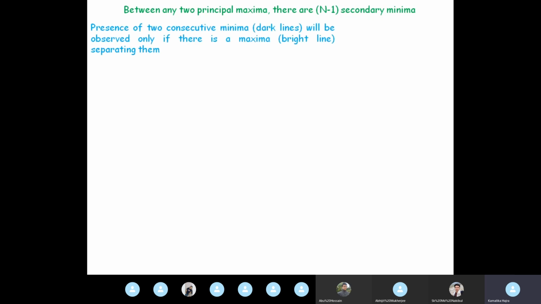Now, you have to realize that the presence of two consecutive minima, that is dark lines, will be observed only if there is a maxima separating them, right? Suppose I tell you that here there are two dark lines. Will you believe me? Will you be able to distinguish the two dark lines? But I claim that there are two dark lines over here.